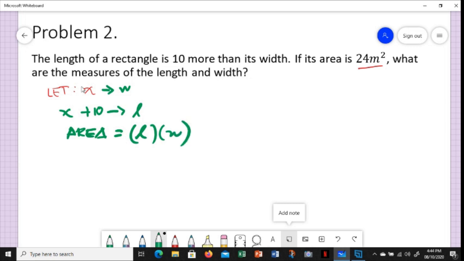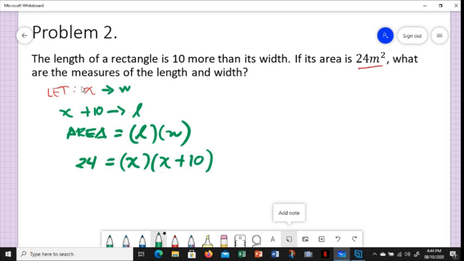Now since we already have the value of area, and the representation of length and width, we can just substitute it to the formula. So it's like 24 equals the value of your length, or it can be width times length. So that is x multiplied by x plus 10.